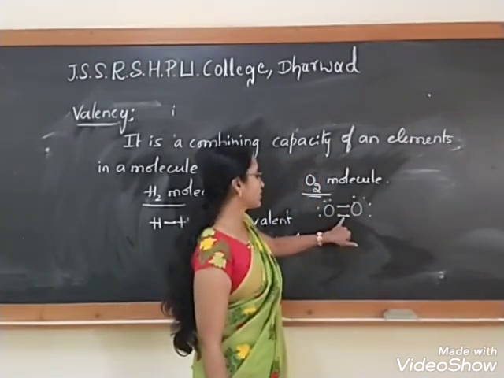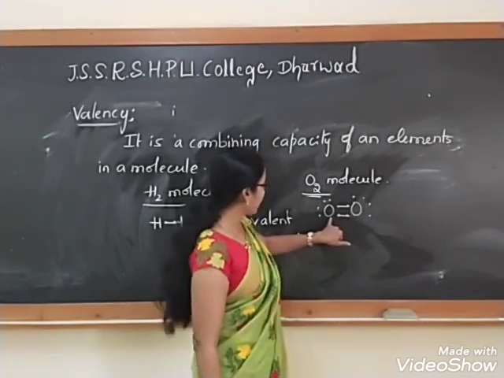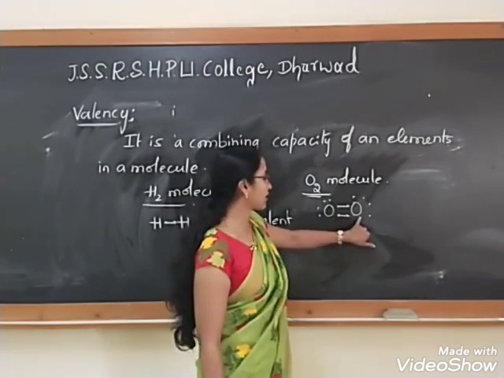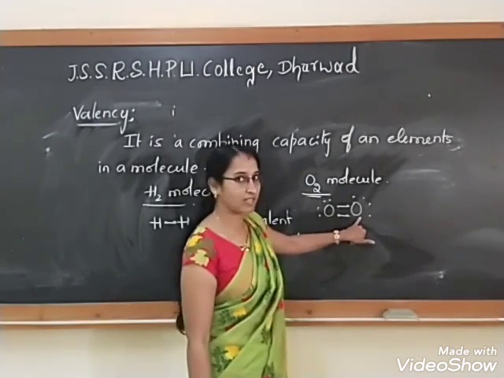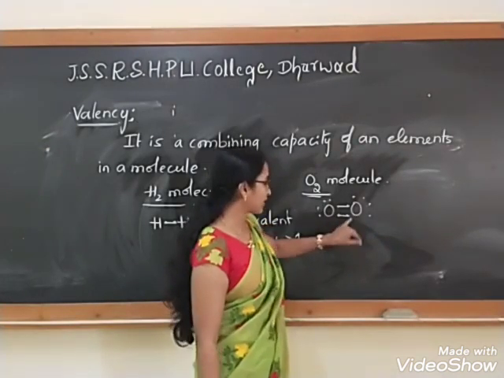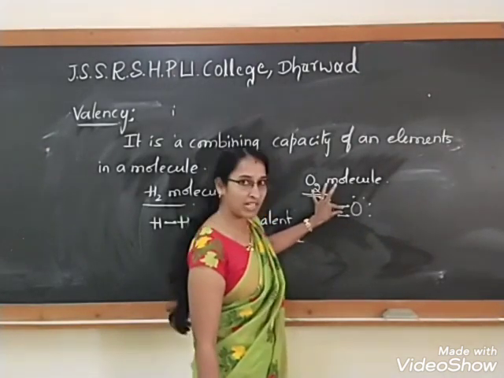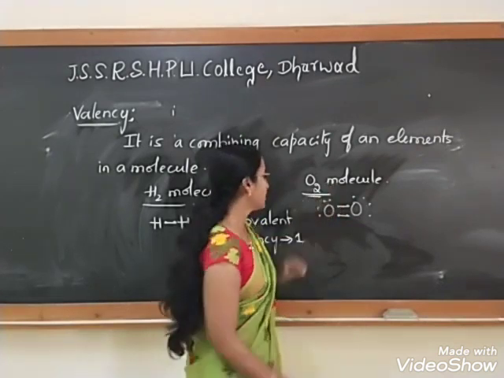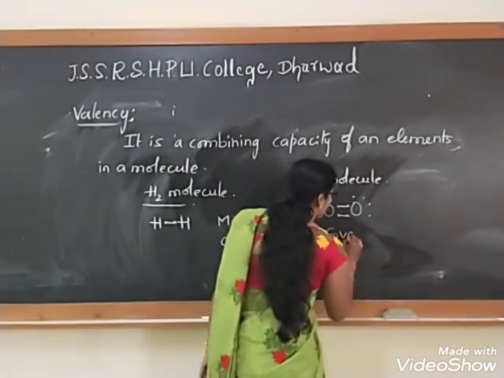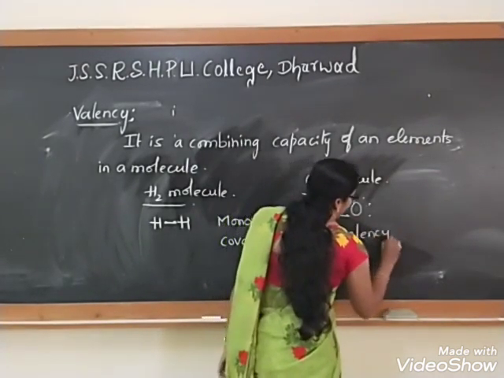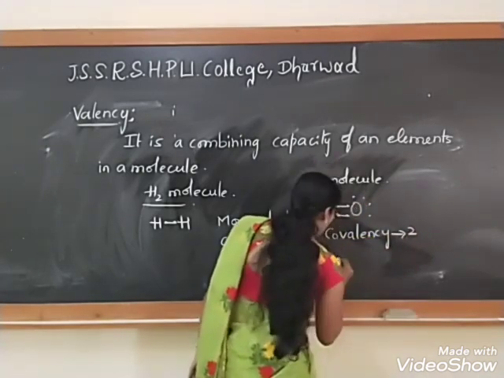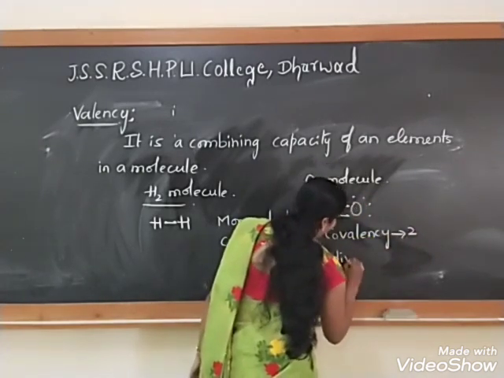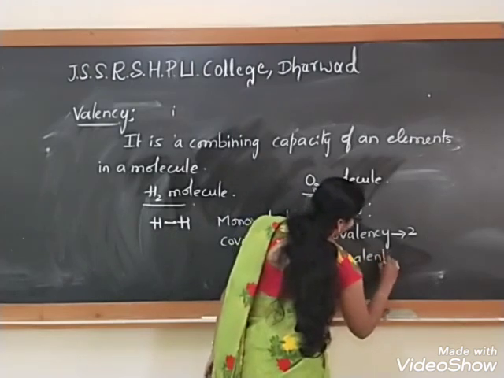So 2 electrons are shared, then this oxygen has 8 electrons and this oxygen also has 8 electrons. So 8 electrons means what? There is a formation of 2 covalent bonds between the 2 oxygen atoms. So hence the covalency is 2. It is called divalent. The combining capacity is 2.